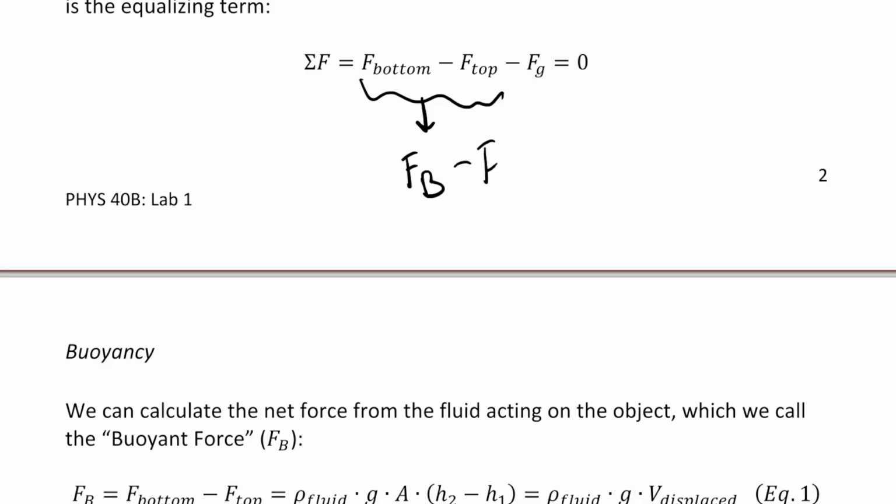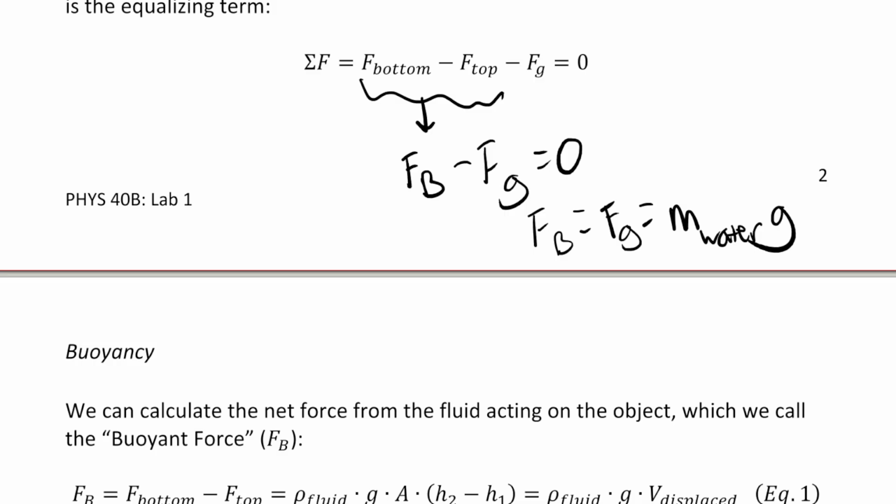Okay, and we'll see that this is equal to minus Fg equals 0, then just replacing this with F sub b, and we'll find that the buoyant force is equal to F sub g, which is the mass of the water we're displacing times gravity.